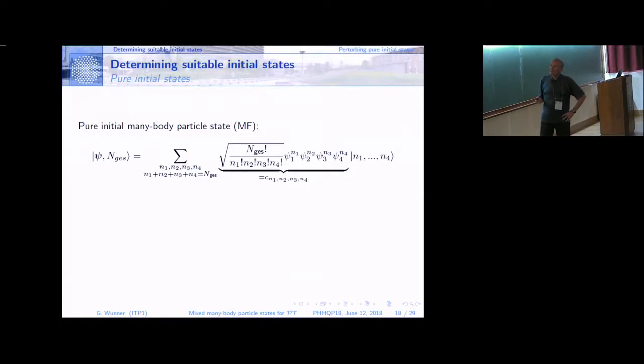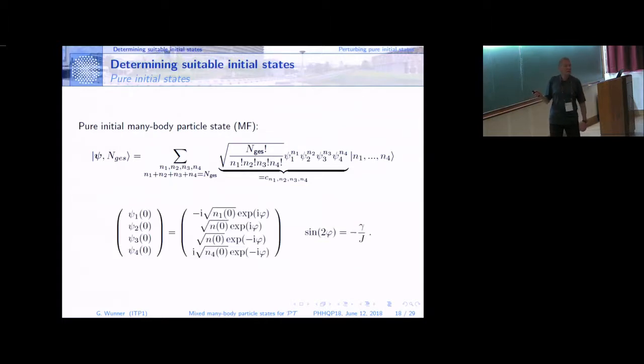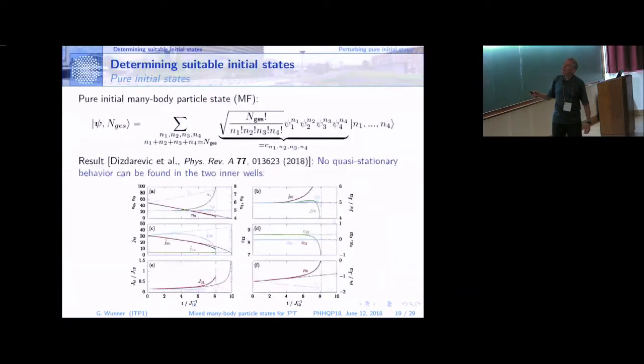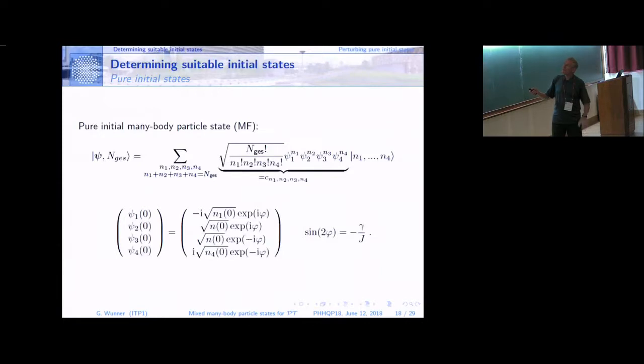So now, how to construct such a suitable initial state? A pure initial many-body particle state looks like this. We have a four-well system, four coefficients for the four wells, and a Fock basis. In our calculations, we'll have 22 particles. This means you can either put 22 particles right at the beginning into the outer left well, or you can put 21 there, and so on.